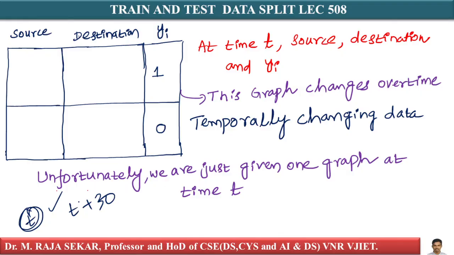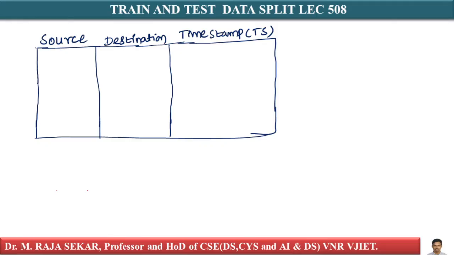Unfortunately, we are just given one graph at time t. We are not given the timestamp. For example, imagine if you are given this data, let's say source vertex, destination vertex, and let's assume the timestamp TS is when the source started following the destination.